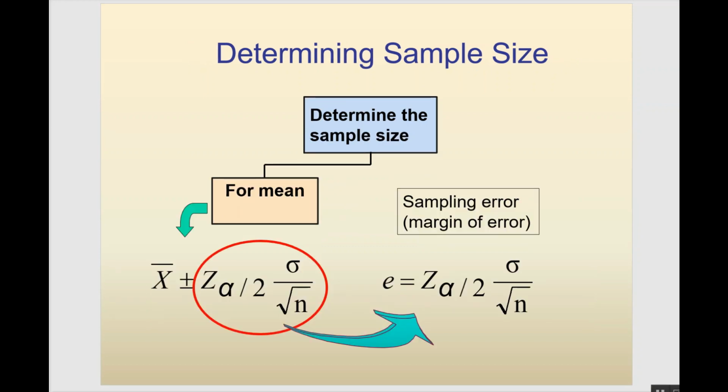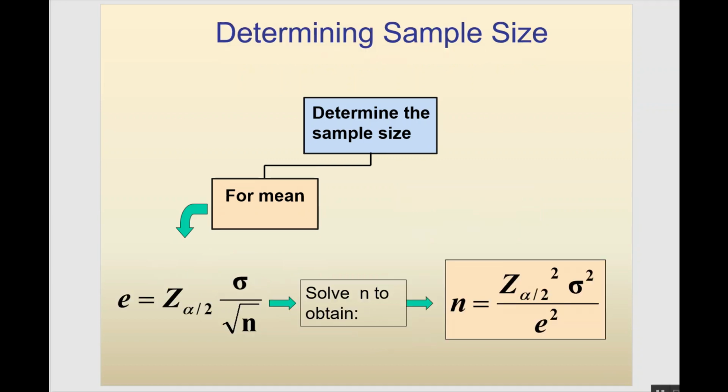So basically, determining the sample size for mean, we refer to the formula of your mean here. We just modify the formula to get this equation here. This is actually to find the sampling error, which is the margin of error, first.